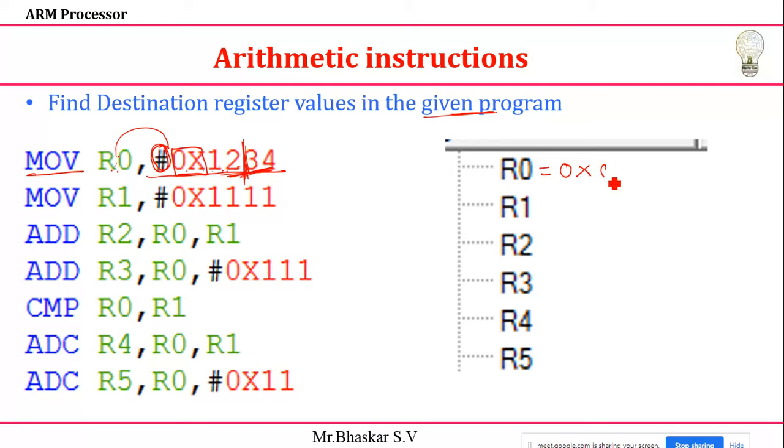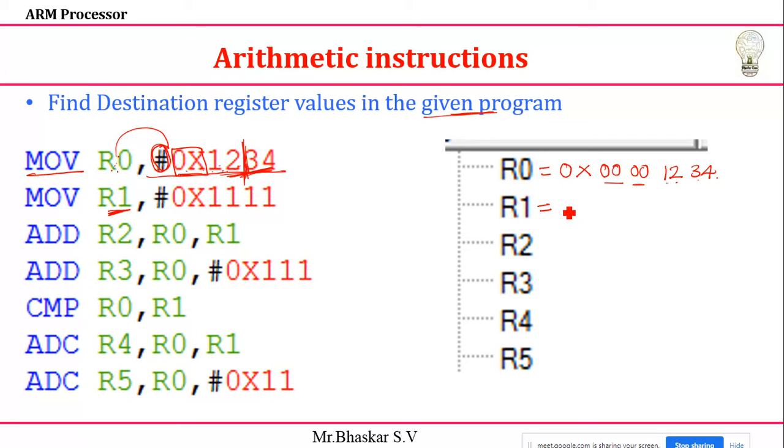The MSB part will be filled with 0 0. 1234 means I'll get the value 12, this is 34. Next, the MSB part bytes will be filled with the values 0 0. Okay, so this is the way of representation. Similarly, now you tell me what is the value for R1?